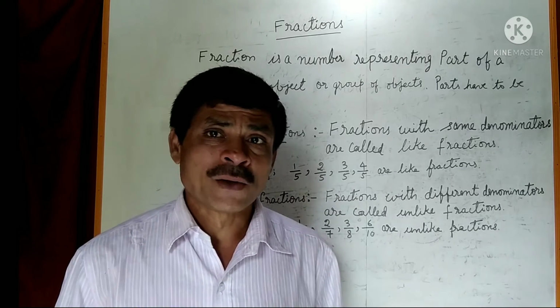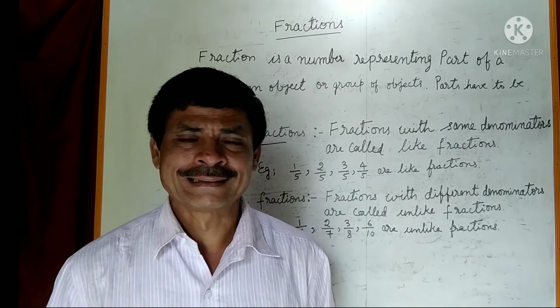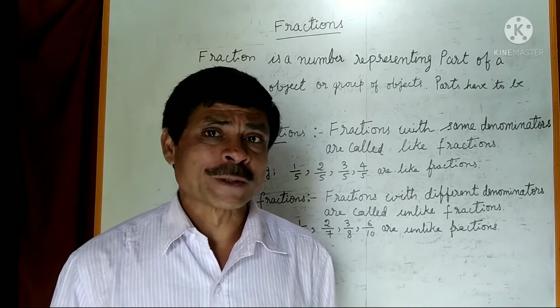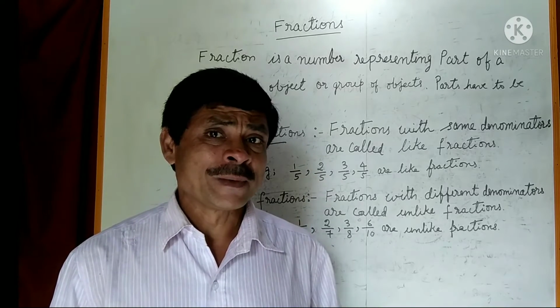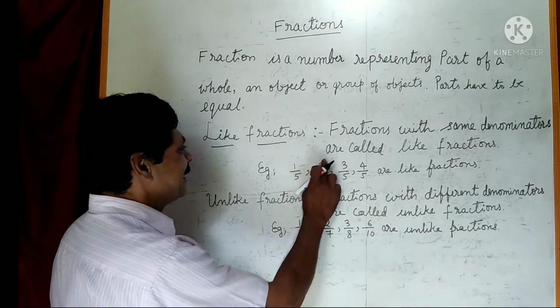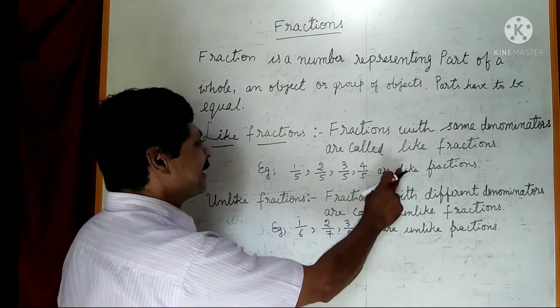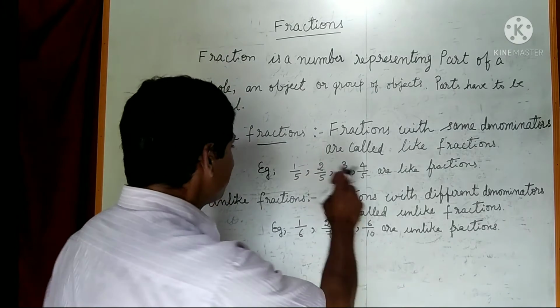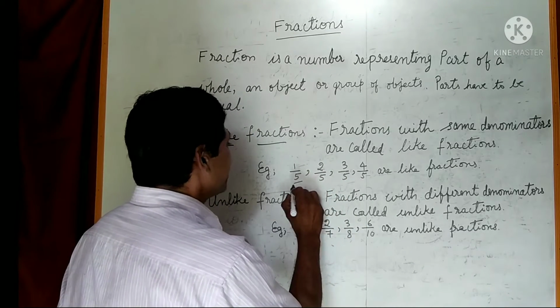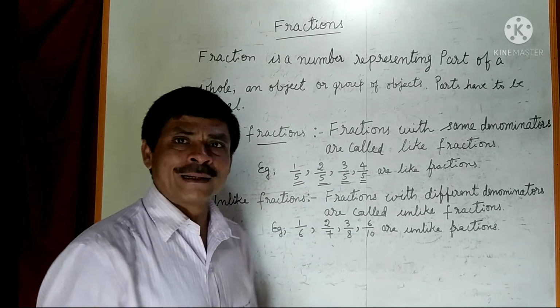Now let us learn what are like fractions and what are unlike fractions. Like fractions are those which have same denominators. For example, 1 by 5, 2 by 5, 3 by 5, 4 by 5, all these are like fractions because these have the same denominators and numerators are different.